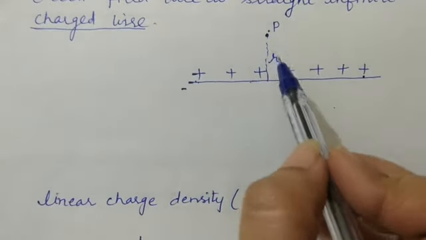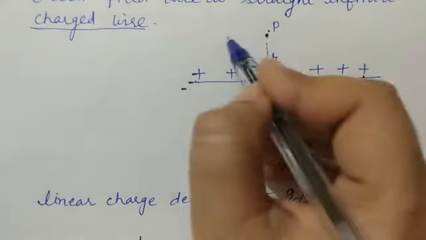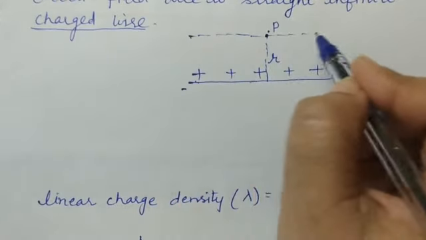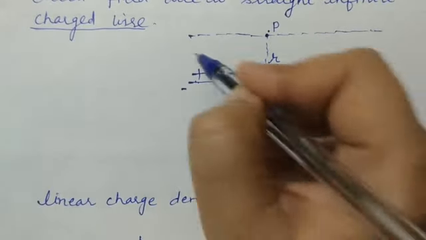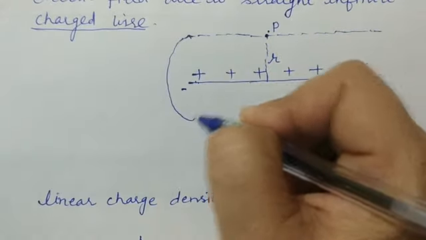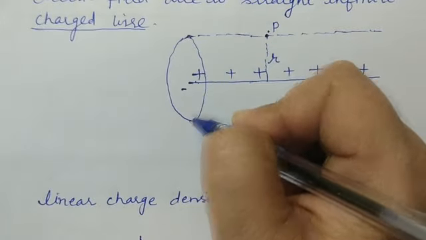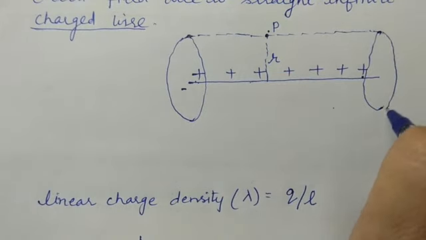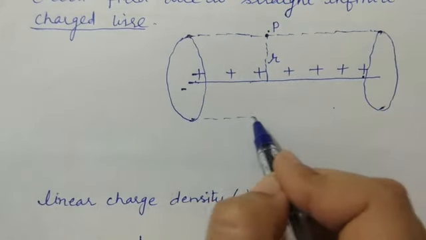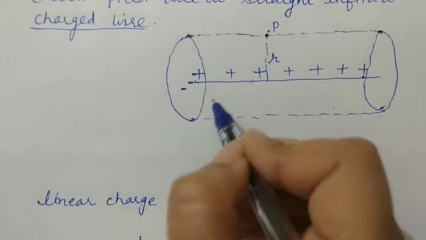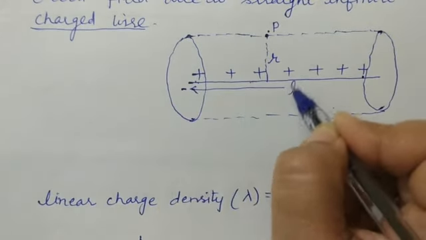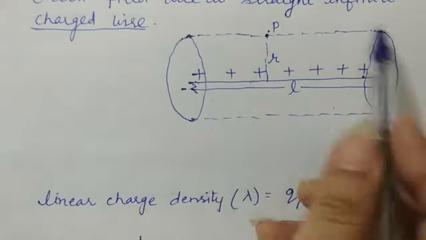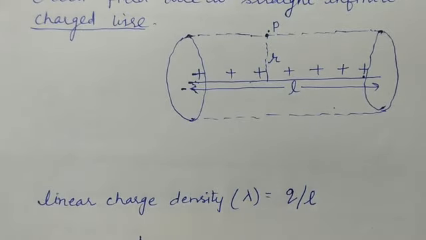So what we'll do, we will take a cylindrical surface of radius R and length L. I'm taking a surface which is a Gaussian surface, of radius R and length L. This wire is the axis of the cylinder. So the cylindrical surface is our Gaussian surface.